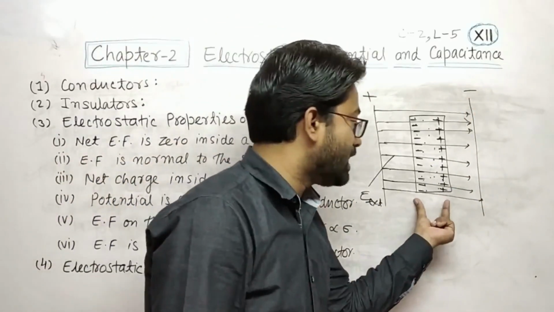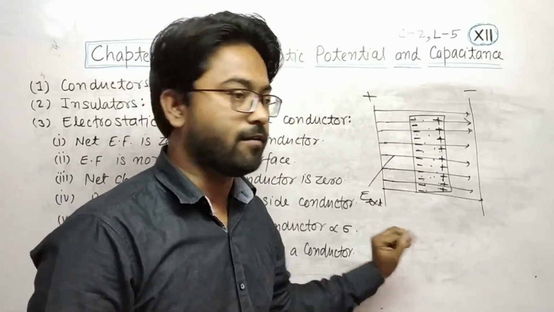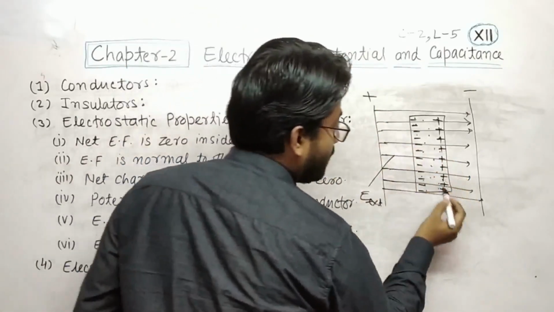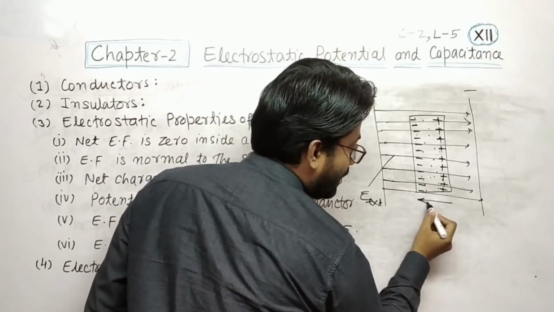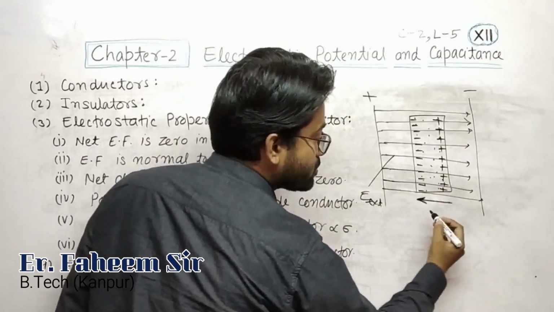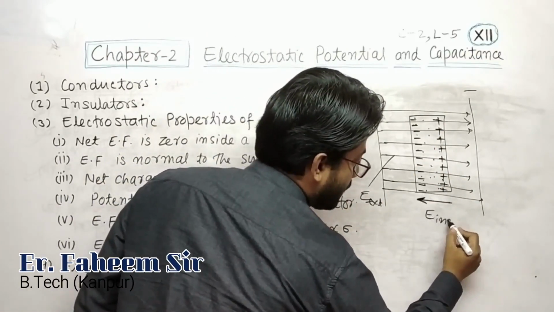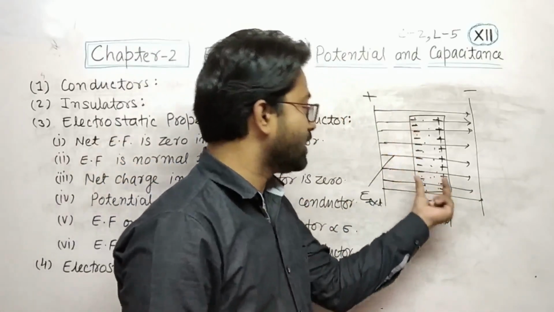That means there is an induced charge by the external electric field. There will be an internal electric field, or we can say an induced electric field, inside the conductor.